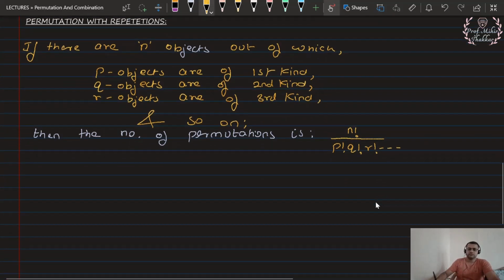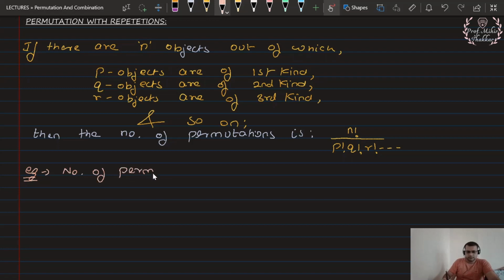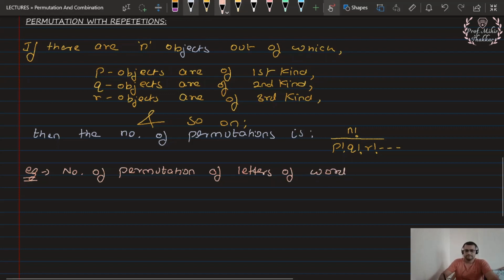Let us understand this with a very simple example. Number of permutations of the letters of the word Maitri.